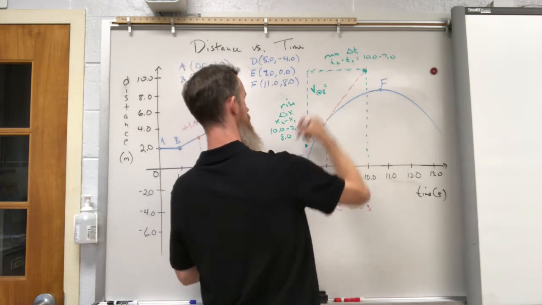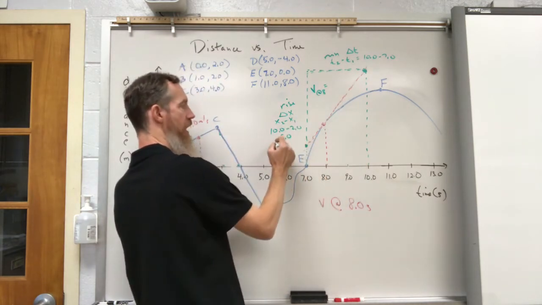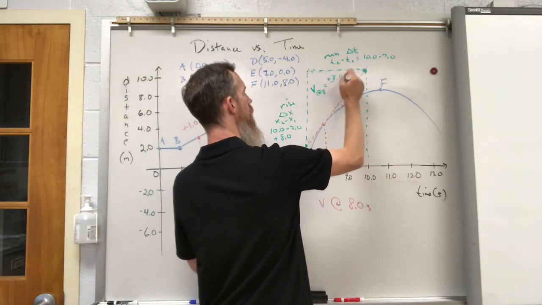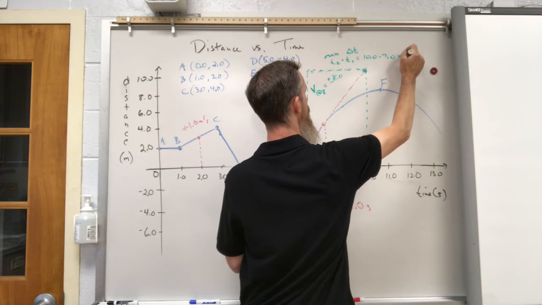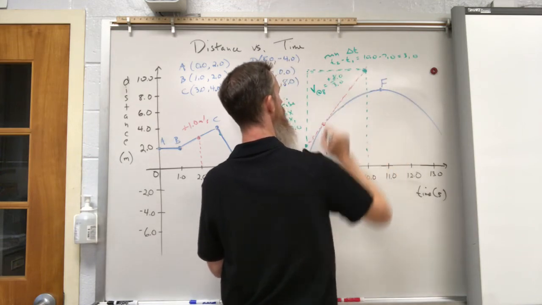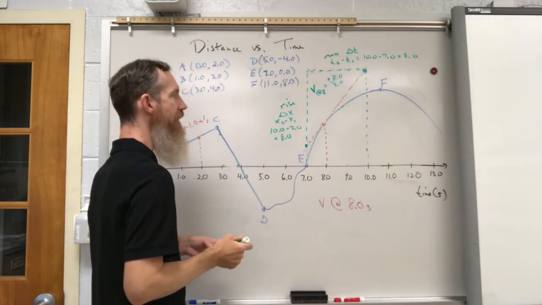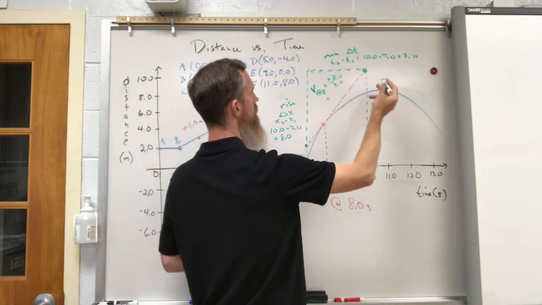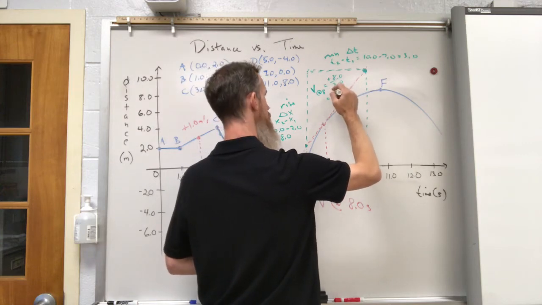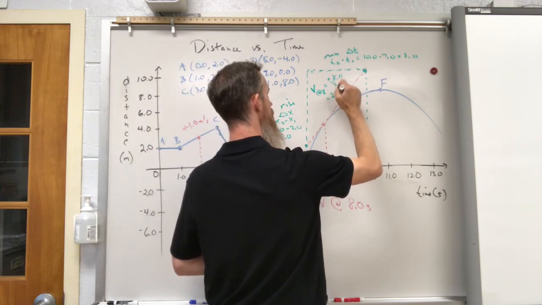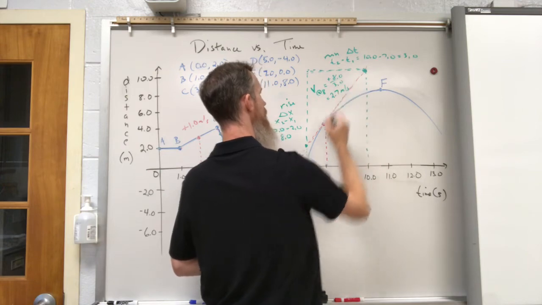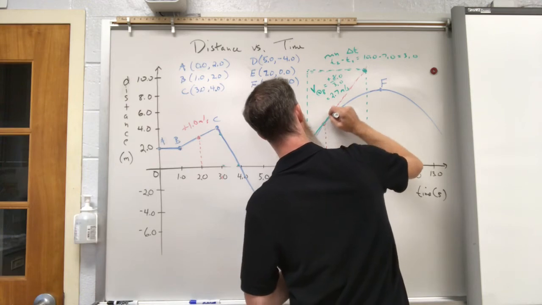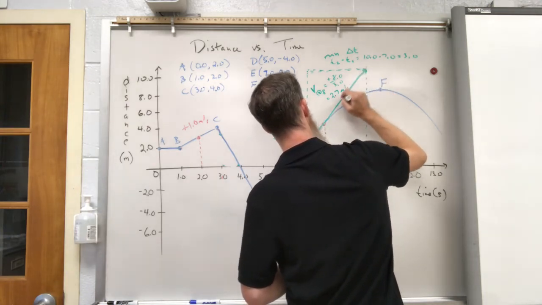This rise is positive, right? We are going upward. So it'll be the positive 8.0 over this 3.0. And that would be an instantaneous velocity of 2 2/3, 2.7 meters per second. That would be this slope.